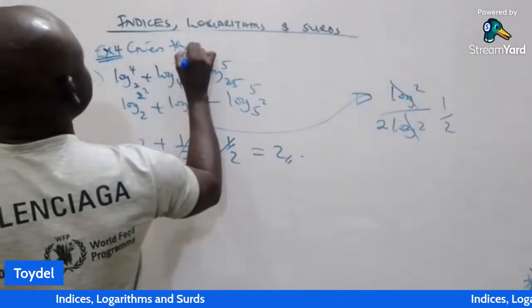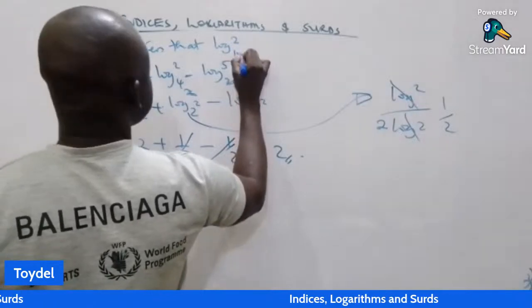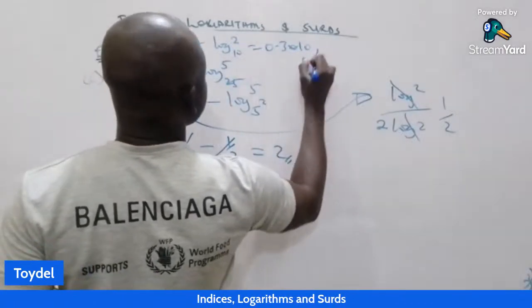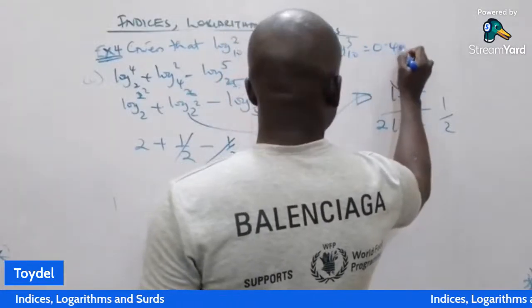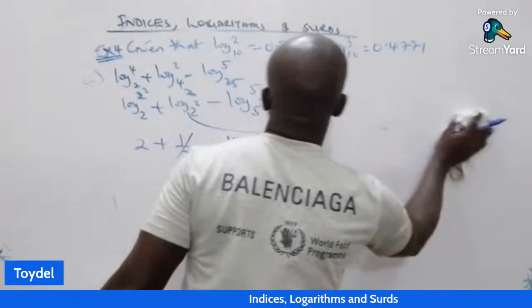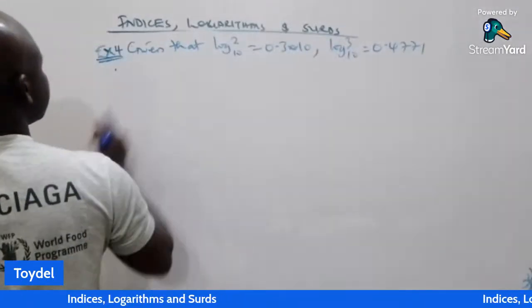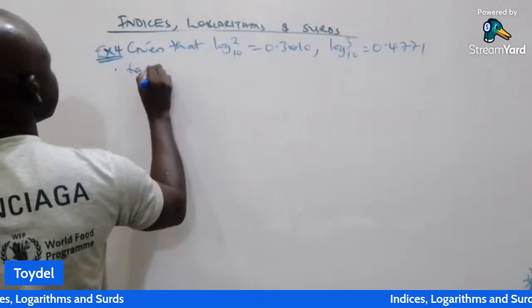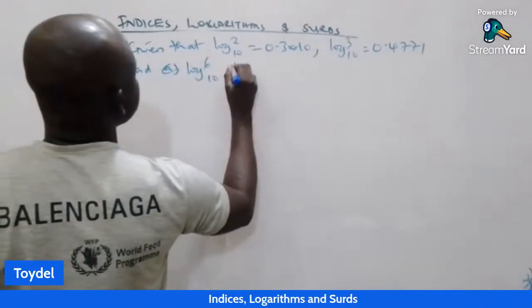Given that log 2 base 10 is equal to 0.3010, then log 3 base 10 is equal to 0.4771. We have to find what I'm about to write now. Find A: log 6 base 10.